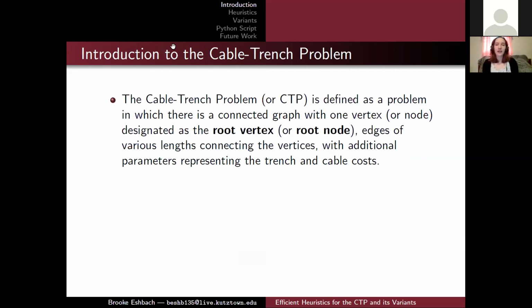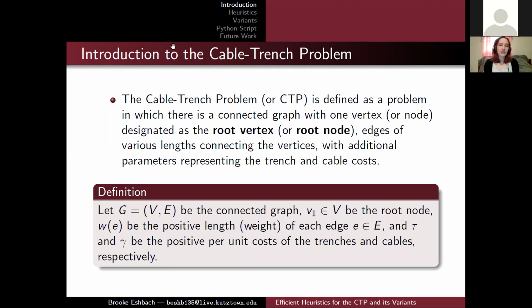But in mathematics, we're going to look at it as we have a weighted connected graph, and we designate one vertex as the root vertex, and then we have to try and connect all of the other vertices back to that root. And then we have additional parameters for our trench and cable costs along each edge.